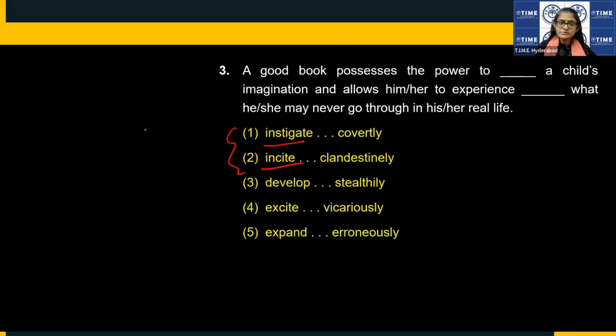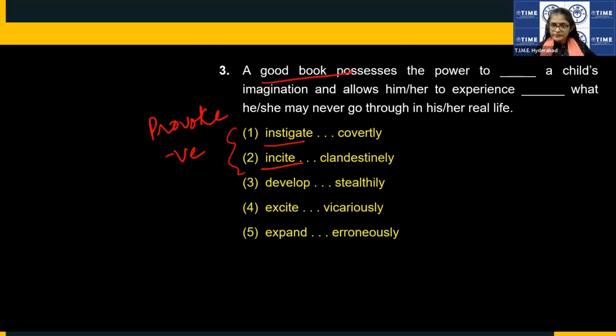Both these words mean to provoke people normally into doing something bad. These two words have negative connotations. The tone of these words is negative. So you cannot use either of these words in the context of what a good book does to a child, right?